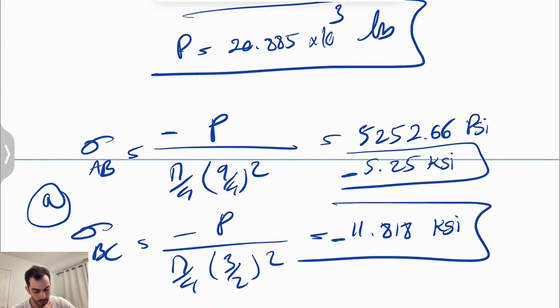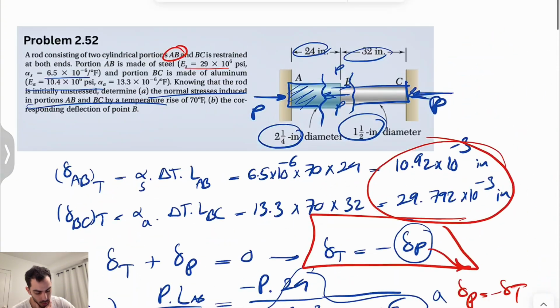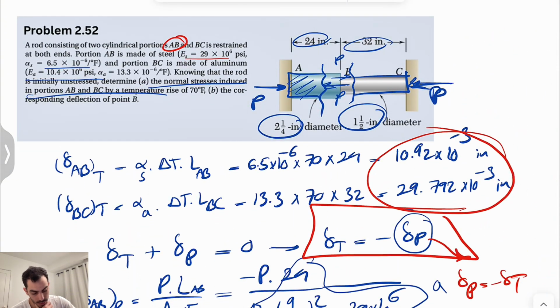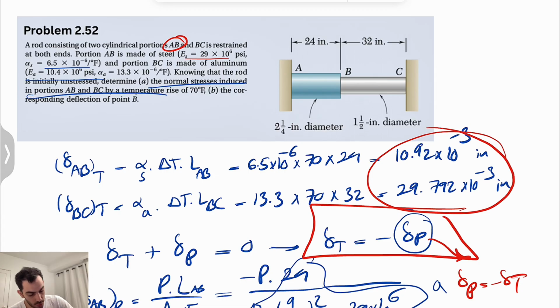In part B, we're basically looking for the deflection of point B. Let's clean up the figure. We're interested in how much this point B is moving. For doing that, we can either consider the right side, the portion BC, or we can stick to the portion AB.